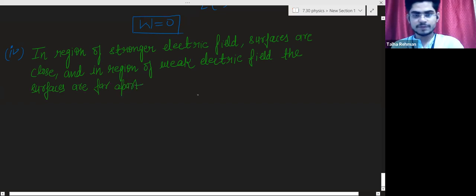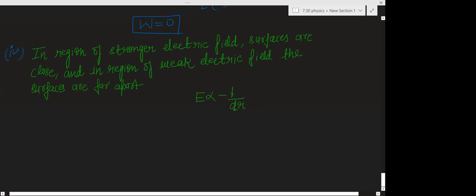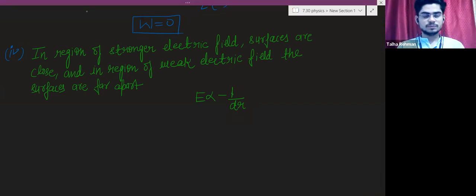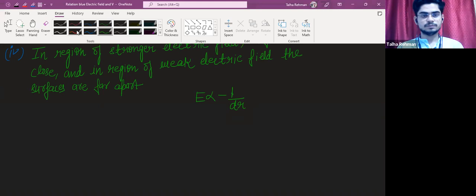So we have a formula: E is inversely proportional to dr. What is dr? dr is the separation between the surfaces. Okay. Yes. Fine.